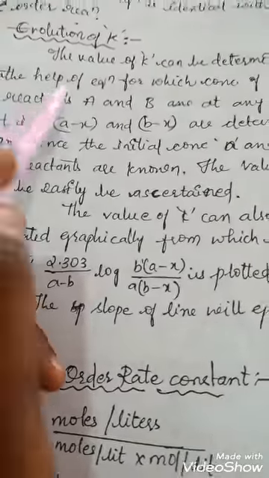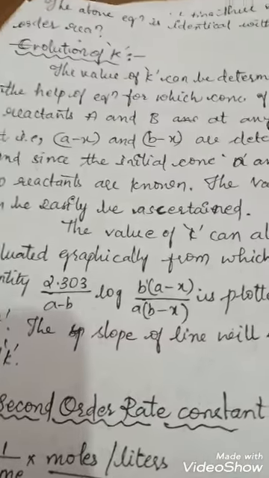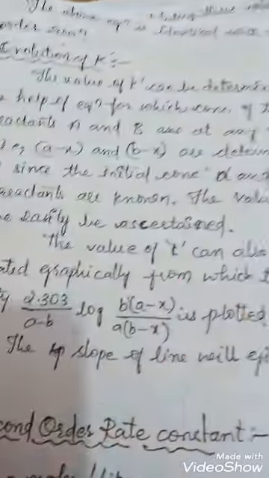So next one, evolution of k. In that, the value of k can be determined with the help of an equation for which the concentrations of the reactants A and B at any given time, that is A minus x and B minus x, are determined.